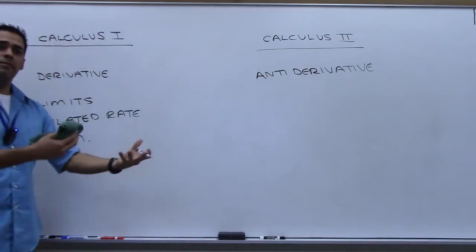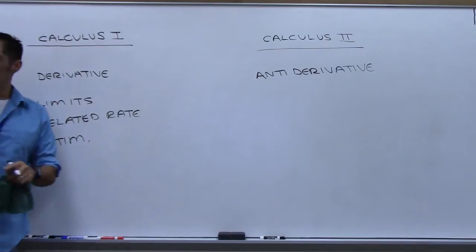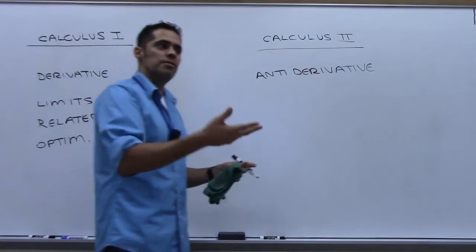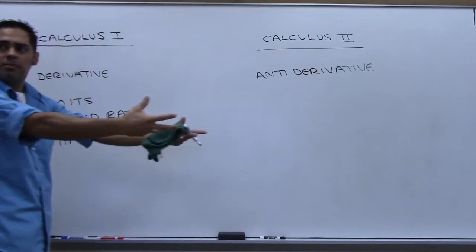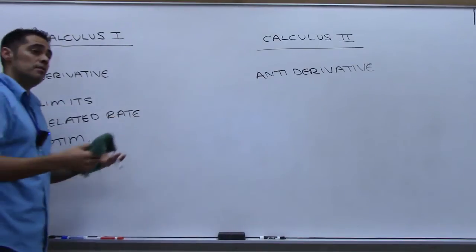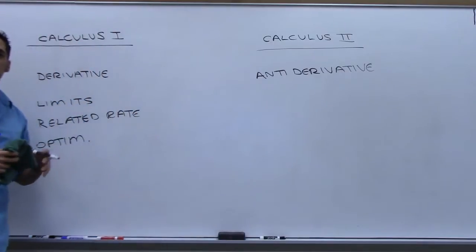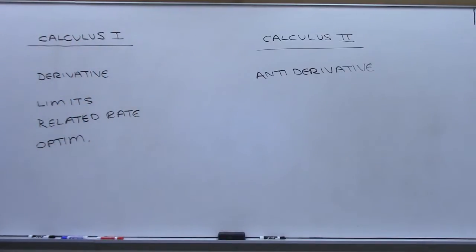So when you take a derivative, we know what to do, right? It's usually going to use some sort of rule, power rule, product rule, quotient rule, chain rule, something like that. And we get some answer when we take a derivative. In Cal 2, one of the main topics is finding antiderivatives, which means going backwards. And this can be very difficult to do.